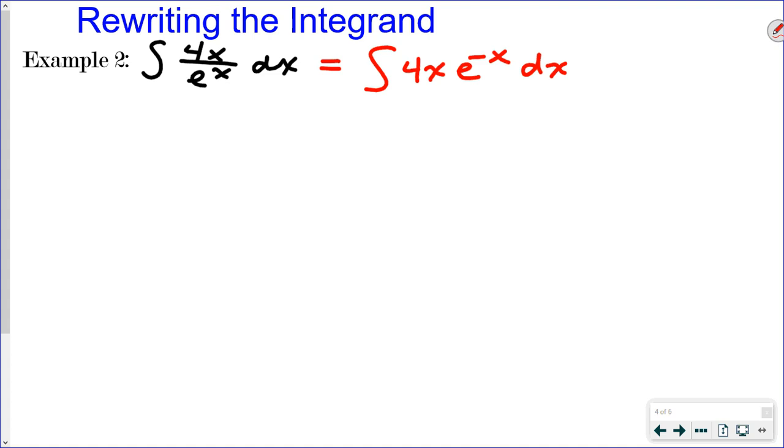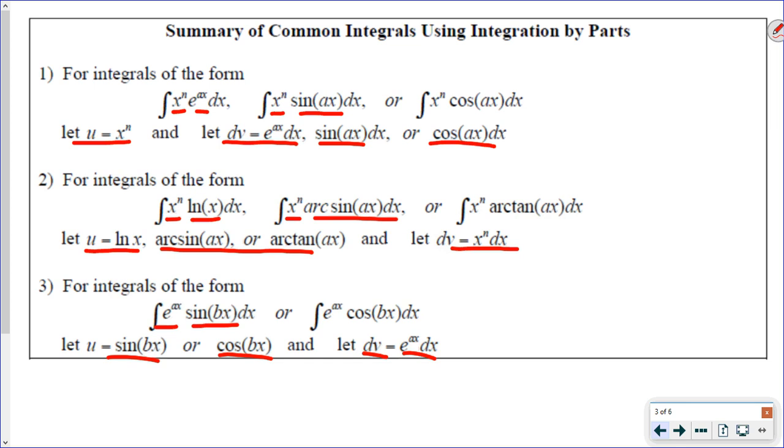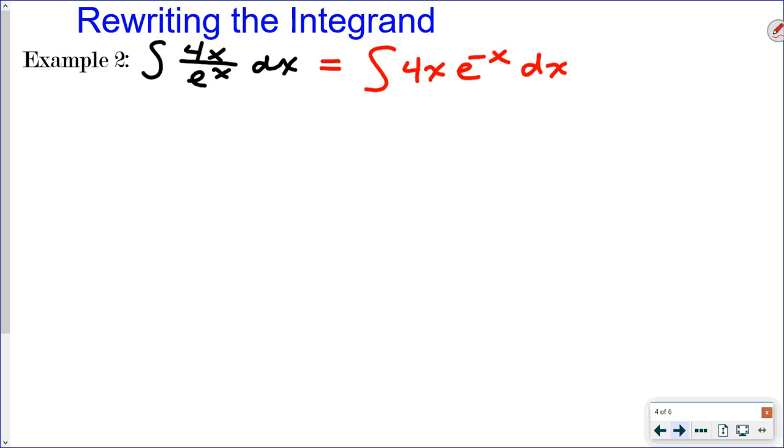Again, we've got to figure out u, and we've got to figure out dv. If you go back to the guidelines, we're going to let u equal the x to the n, and let dv equal the exponential function. So u is going to equal 4x, and dv is going to equal e to the negative x power times dx.